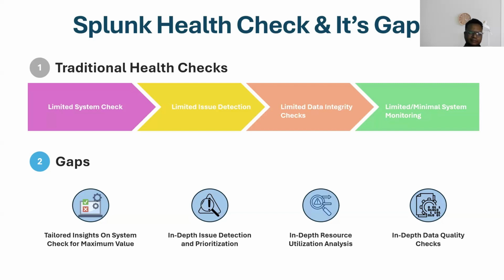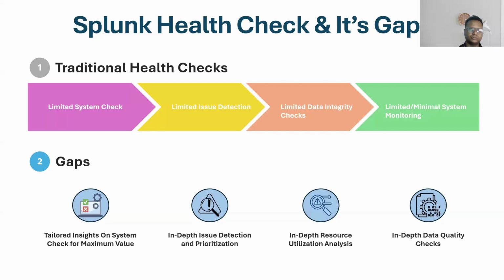So I have seen gaps. These are the gaps I have seen from the out of the box Splunk health check. It does the minimum of minimum system health check. It does not give you in-depth information, like I said, it does not explain much about the issue, and it does not give you much recommendation, right?